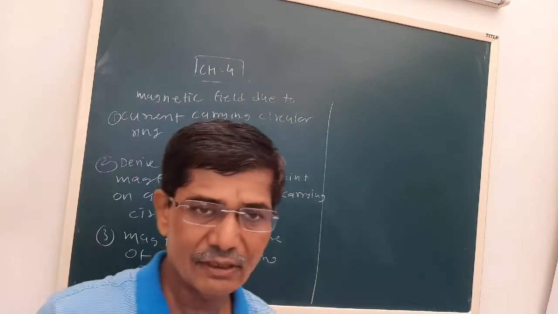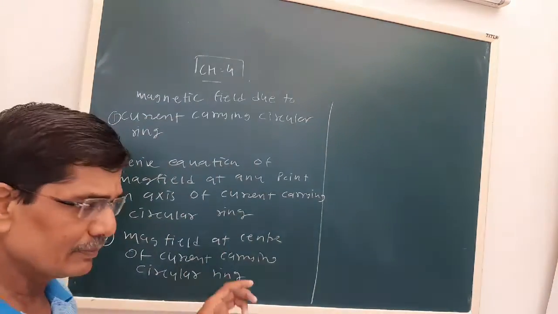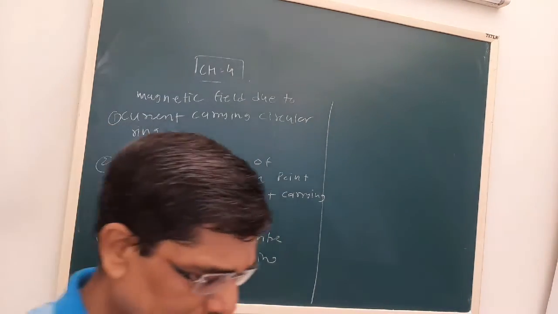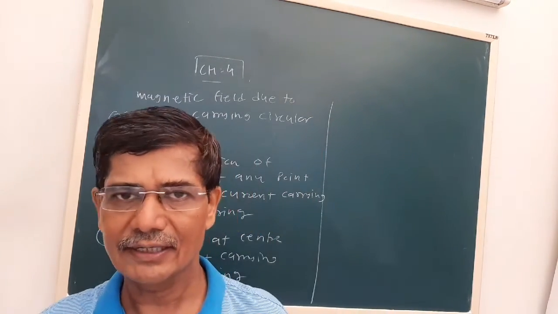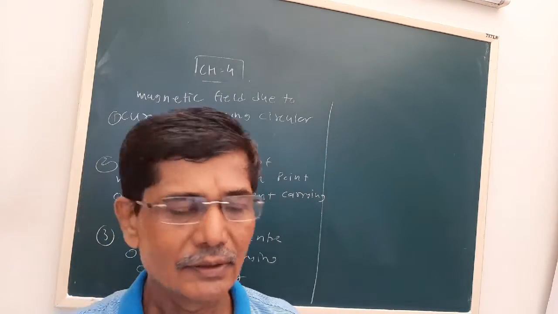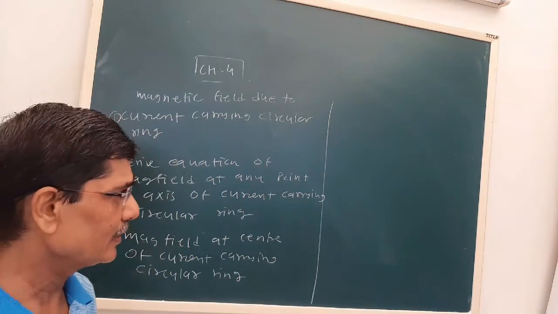Now one by one we will proceed further. Right now we are talking of only 1 turn in a circular ring. We can extend for n number of coils which have n number of turns.